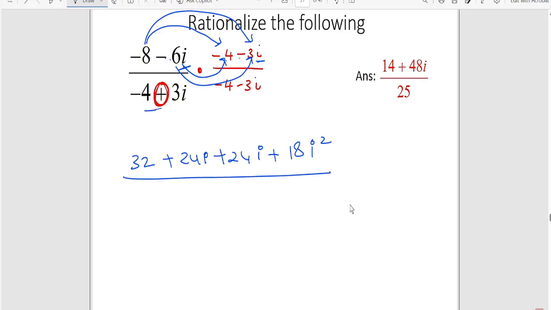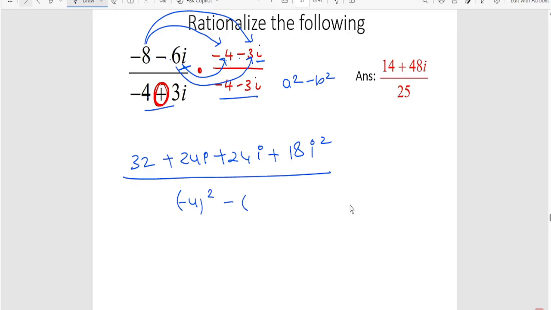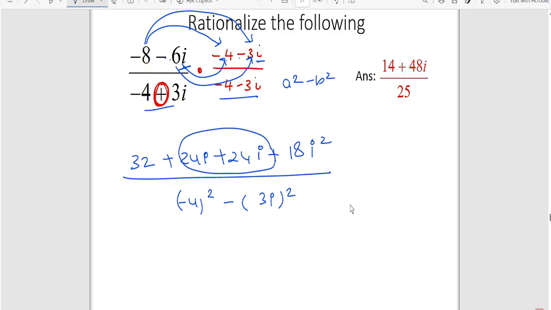Here I will use the a plus b formula, so this is going to be a square minus b square. A is negative 4, so negative 4 square minus 3i square. Now I just add them. I have 24i two times, so this will become 48i, right?